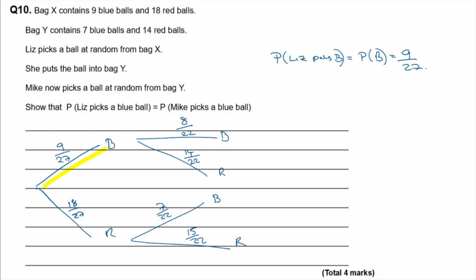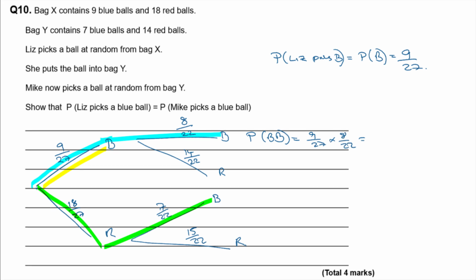Now, the probability that Mike picks blue: he could pick blue after Liz has picked blue, or he could pick blue after Liz picks red. He could do either of those two routes. So the probability of blue, that's 9 over 27 times 8 over 22.